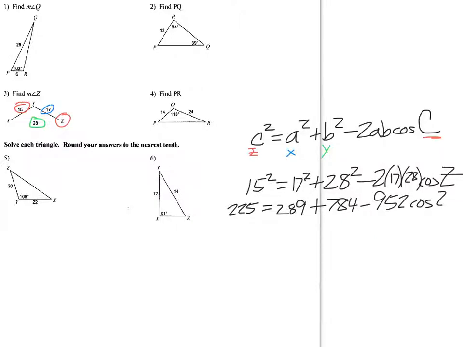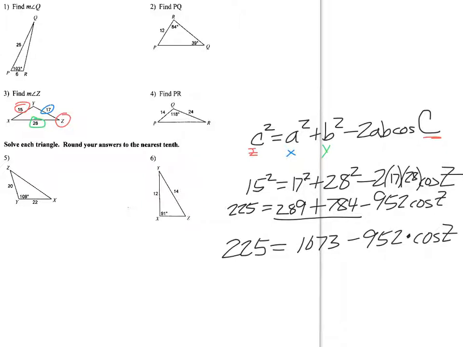Cosine of Z. Alright, so now I'm going to add these two. Hopefully you're writing this down because these can be very, very tricky. So I do 289 plus 784, it's 1073, minus 952 times cosine of Z. Now, that's important because in solving this, I don't combine the 1073 and 952. I actually have to subtract this next.